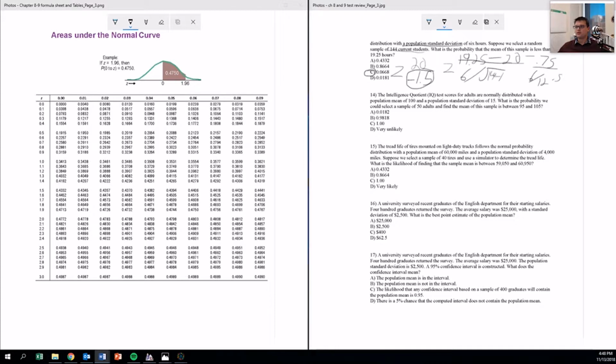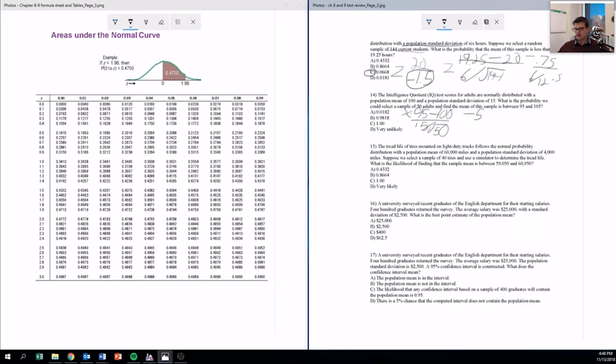Okay, so we've got x bar minus mu. Let's start with 95 minus 100 over 15, because the standard deviation is 15, divided by the square root of 50, because the sample size is 50. So that equals negative 5 over 15 divided by the square root of 50.